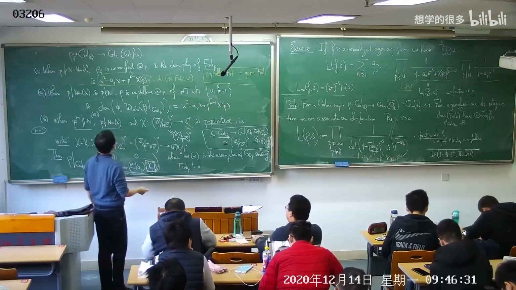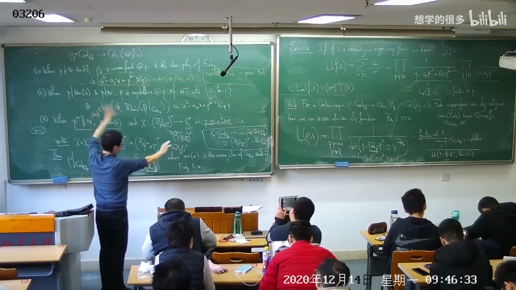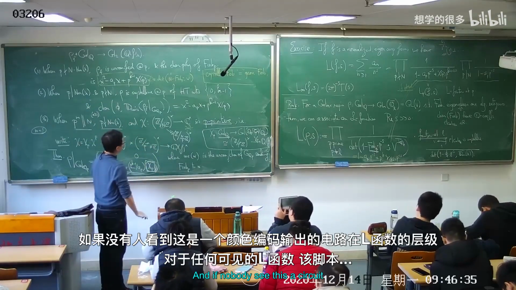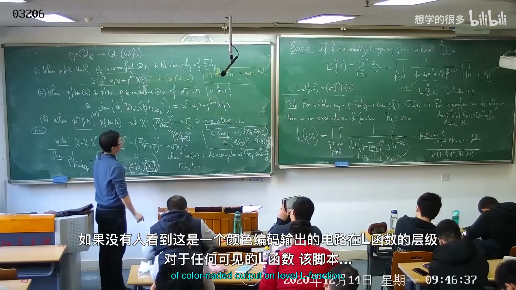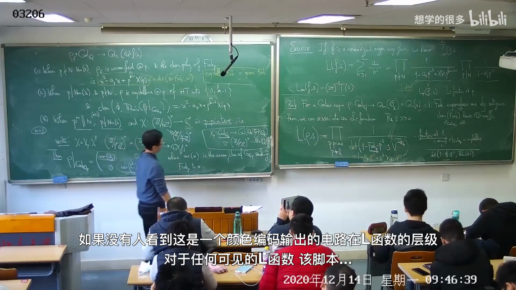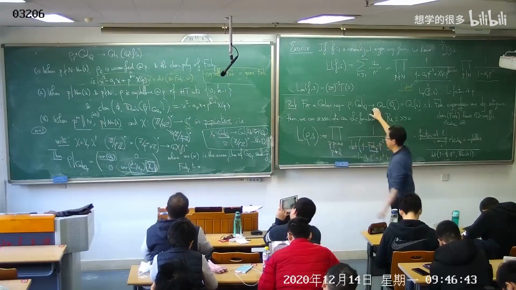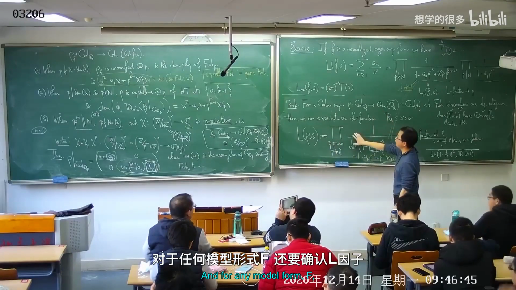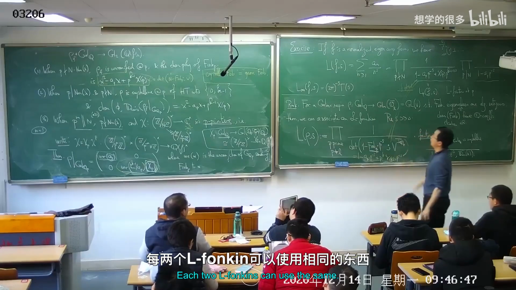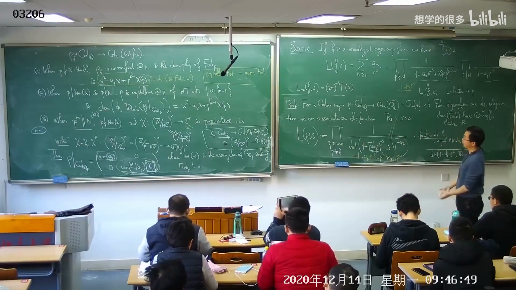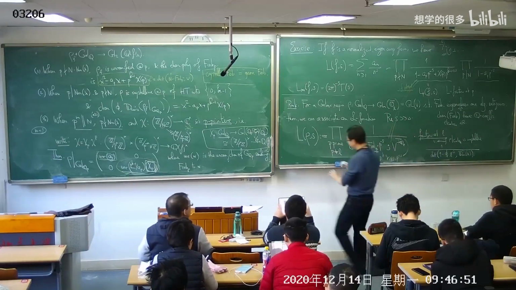This is the statement of the associated Galois representation. You can also see this association of Galois representation at the level of L functions. For any reasonable Galois representation you can associate an L function, and for any modular form F you also associate an L function. These two L functions will be the same if things are associated.